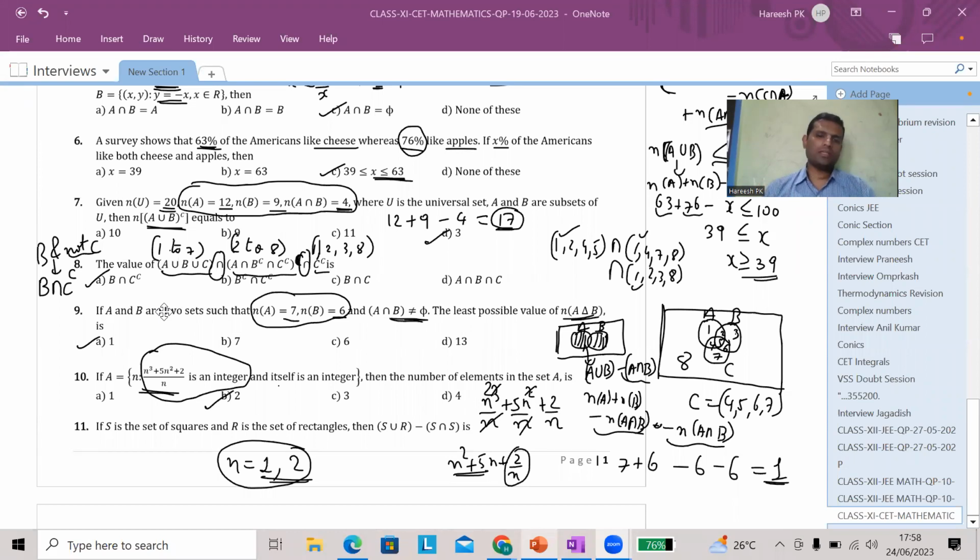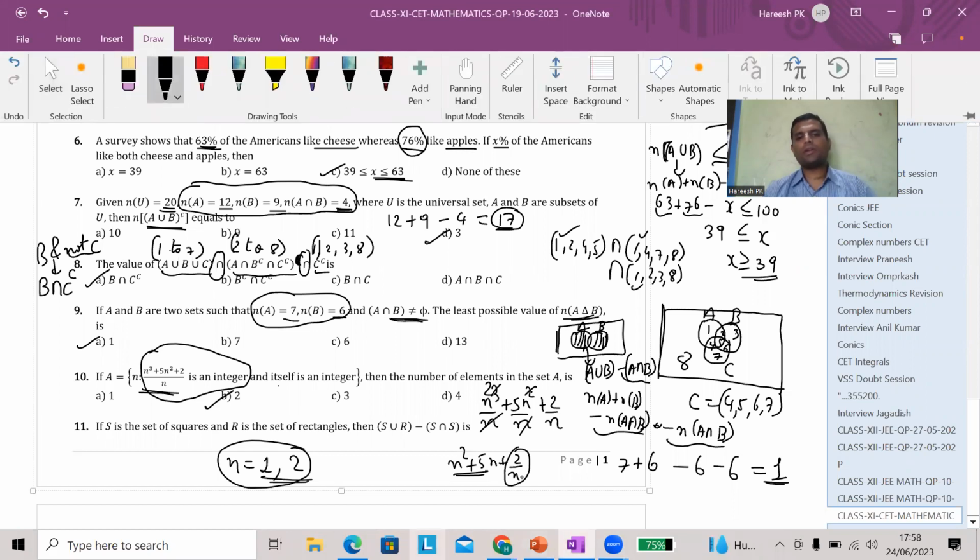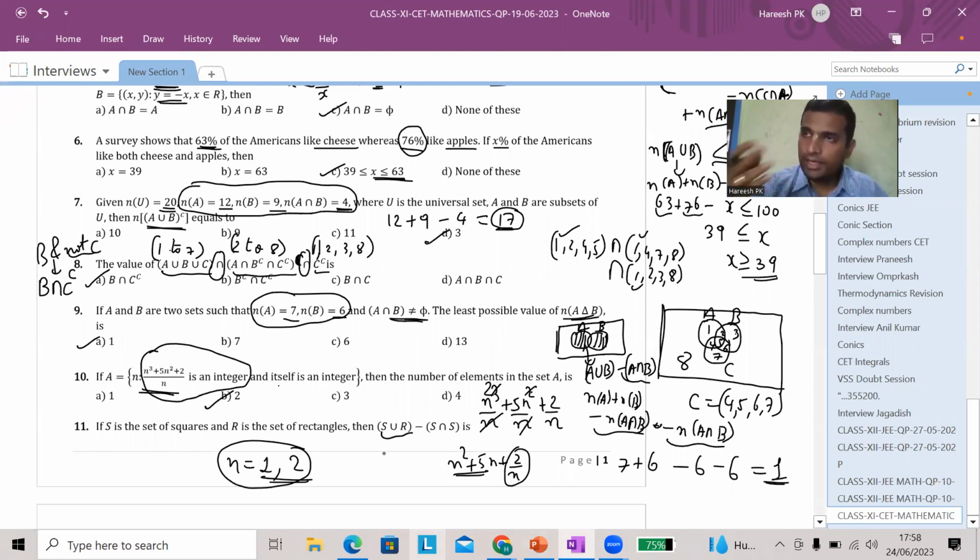The 11th question is a very easy question. S is the set of squares. R is the set of rectangles. So S union R means rectangles as well as squares, right? And S intersection R means only squares.